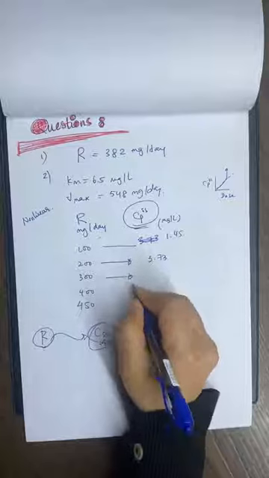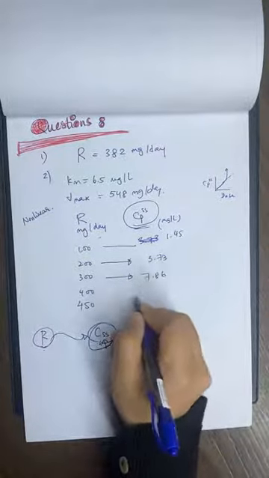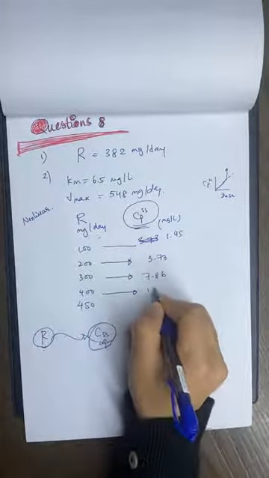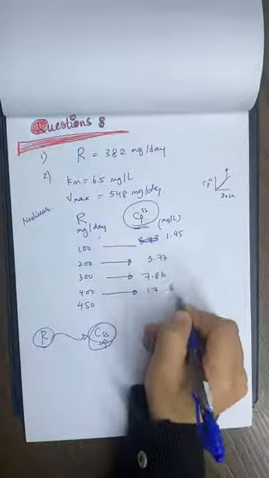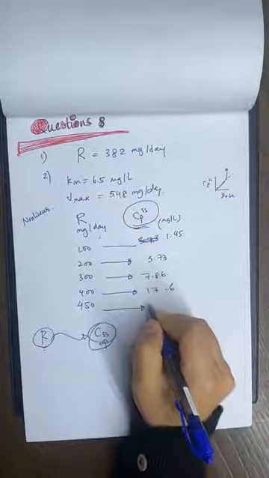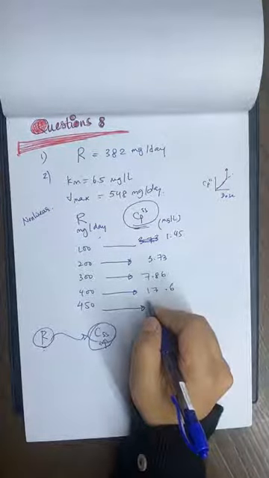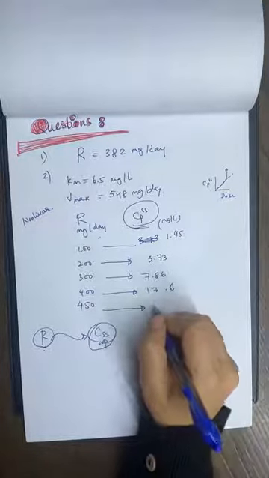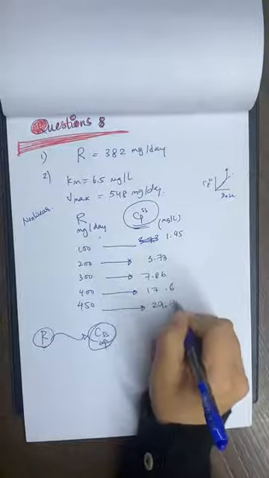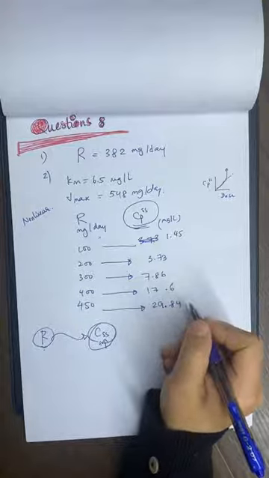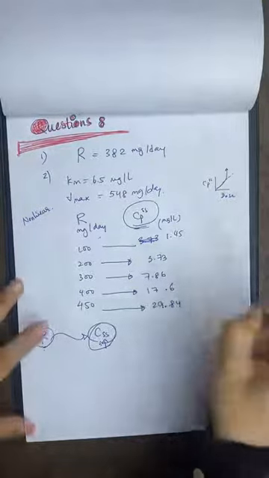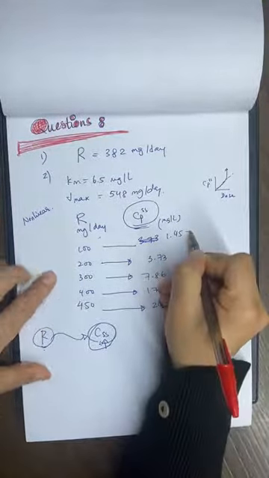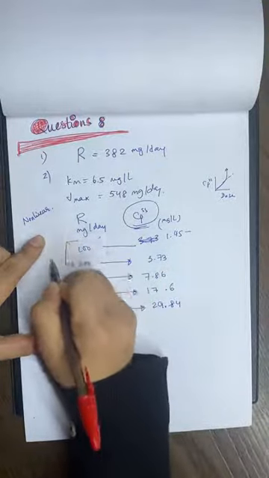This is 7.86, 17.6, and for 450 it will be 29.84 milligram per liter.